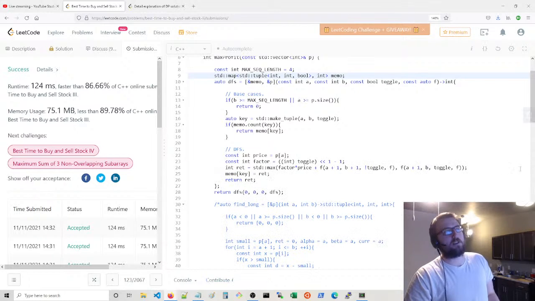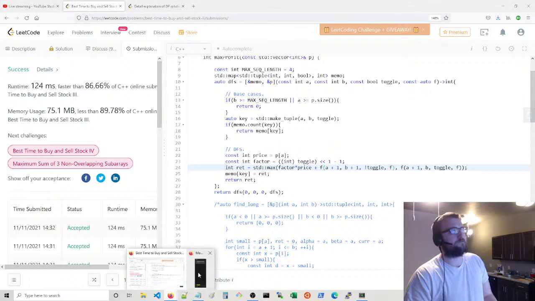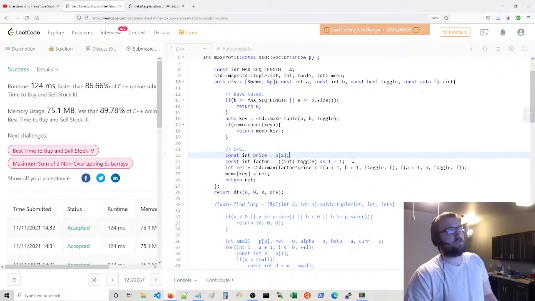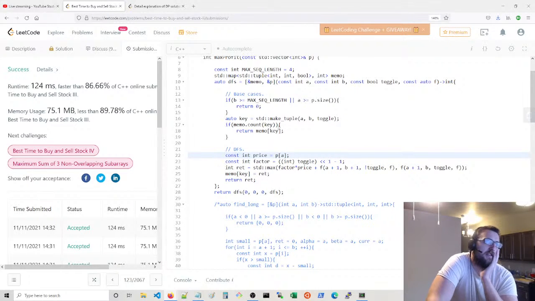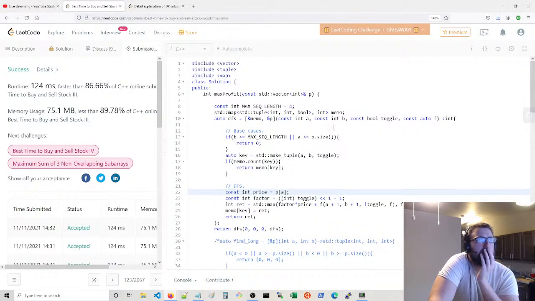I thought this was so clever. Actually, the hard part I was thinking wasn't really this. I thought the hard part here was going to be trying to optimize the memory. I didn't think actually the hard part would be coding this correctly. I thought this was very simple.